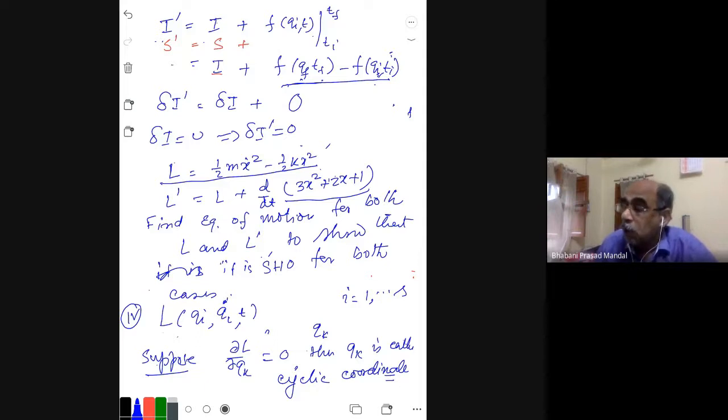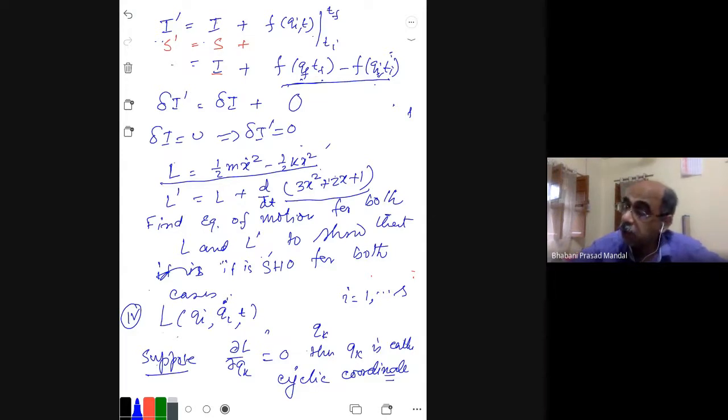It's clear that I have not completed these properties. What is the property? But I'm explaining that if you have a Lagrangian which is supposed to depend on s number of coordinates because the system has s degrees of freedom, in special cases it may not depend on some of the coordinates.